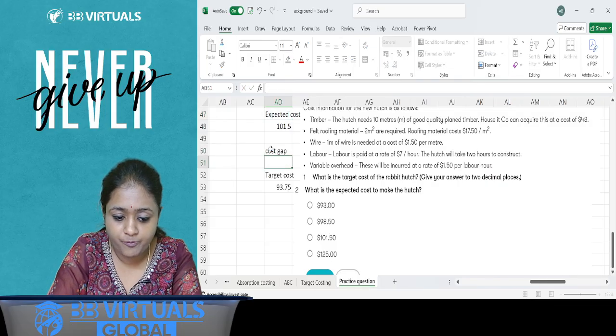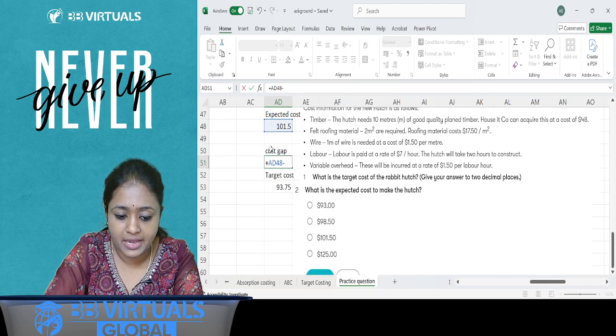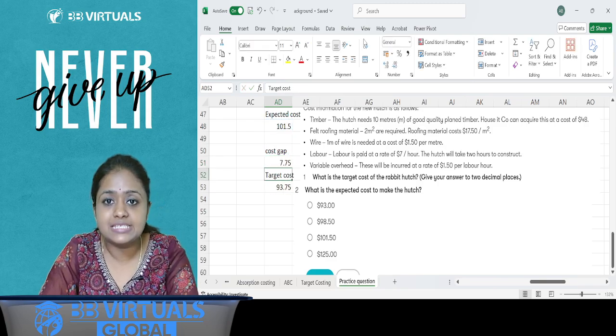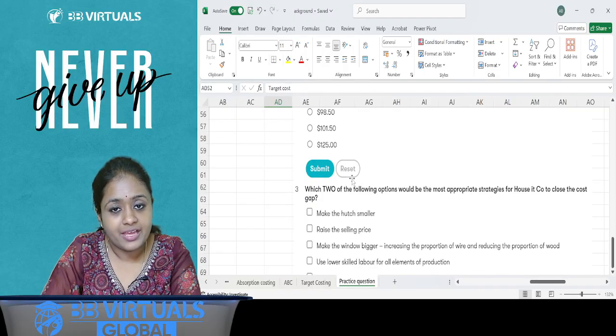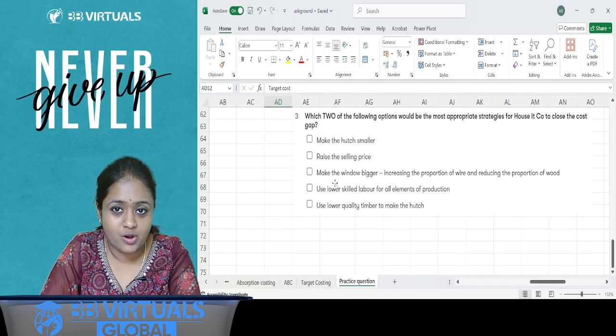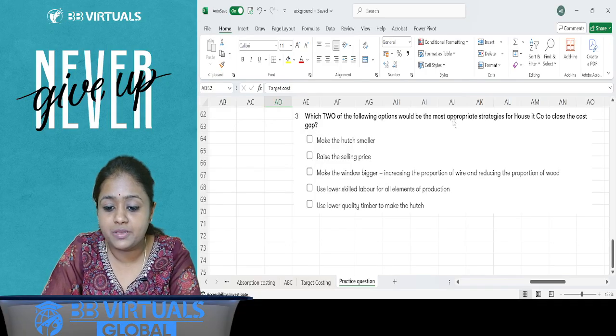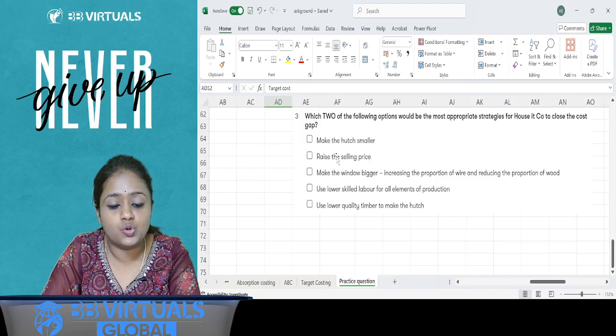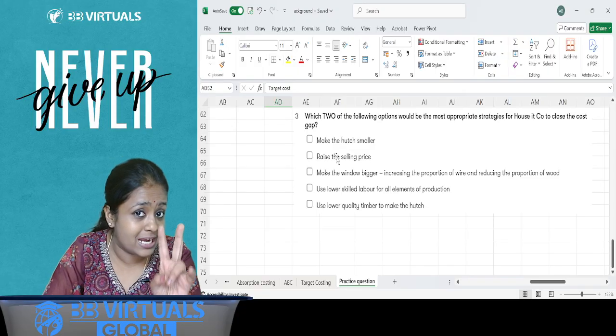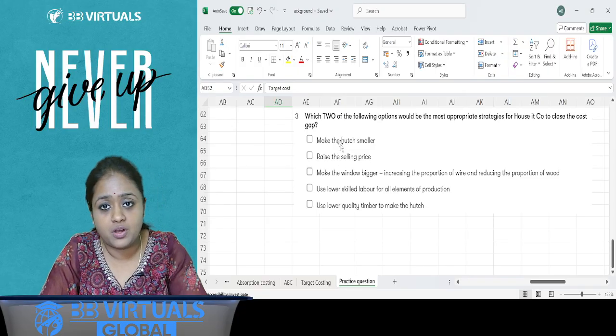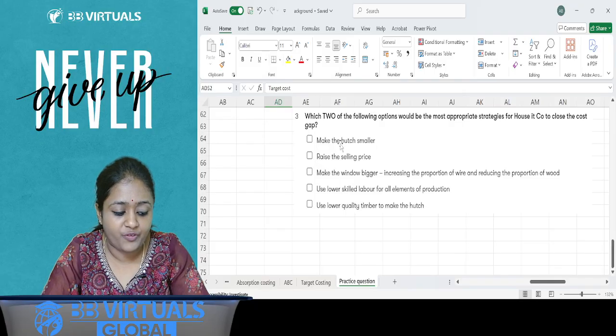The cost gap will be this minus this, which is 7.75. Though it is not asked, we have just calculated it. Which 2 of the following options would be the most appropriate strategies that Houseit company can use to close the gap? Now we have to select 2. Make the hutch smaller? Ideally no, because it would affect the quality, right? So make the hutch smaller?